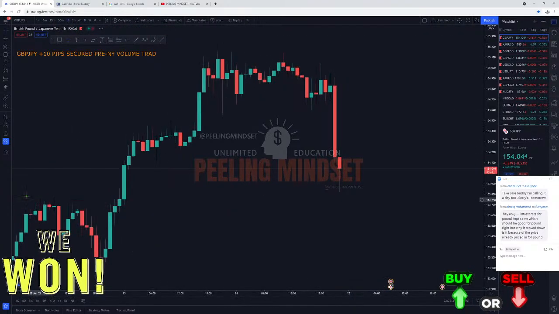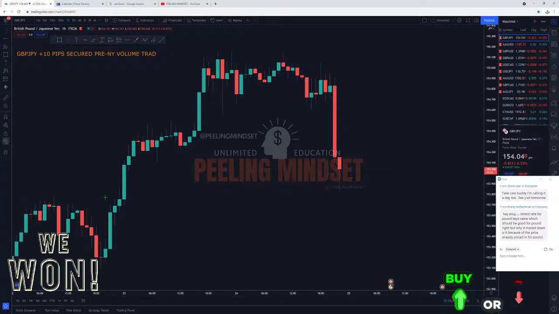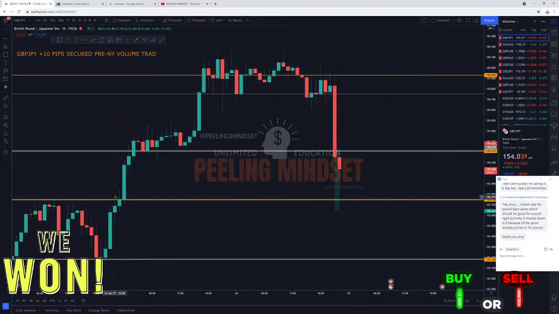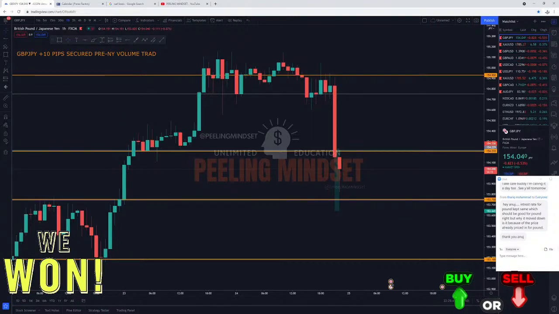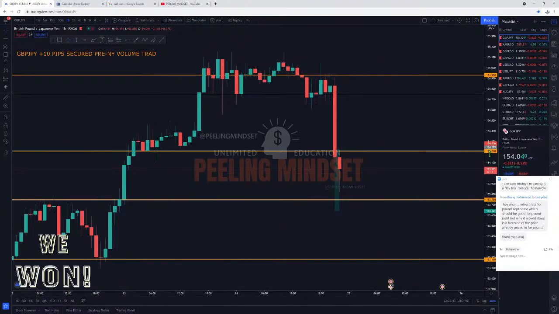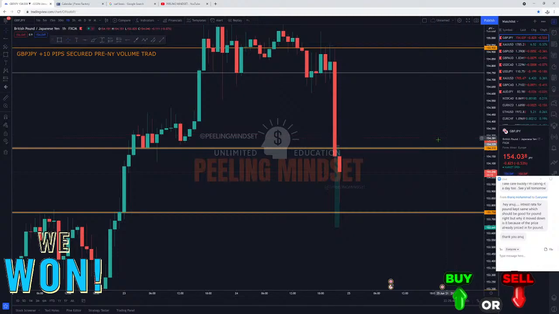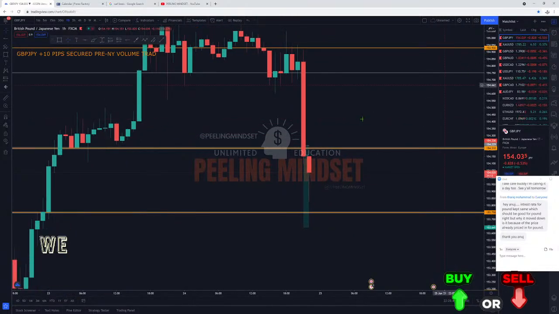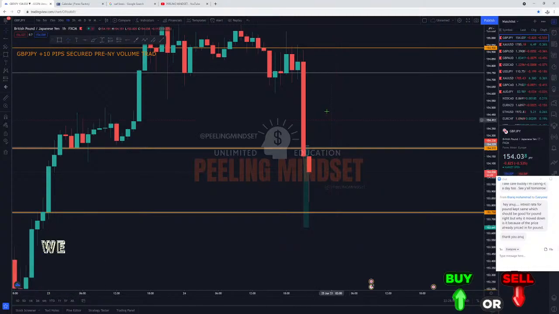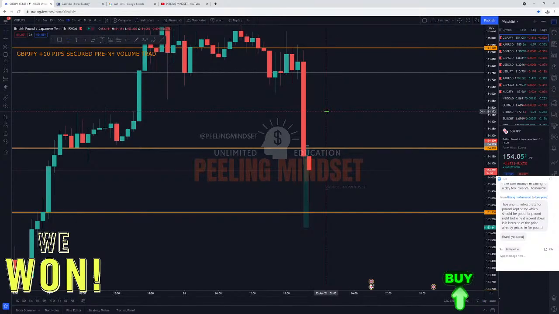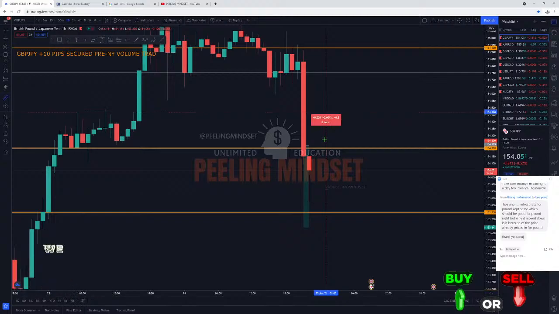All right, Palin here says, Anuj, how do you use the ruler tool to measure the pip target on Tradingview for gold and pound pairs? It's actually pretty simple. You can use your keyboard. There's a shift button. Press the shift button and click and measure.